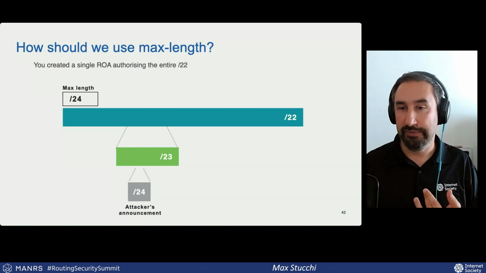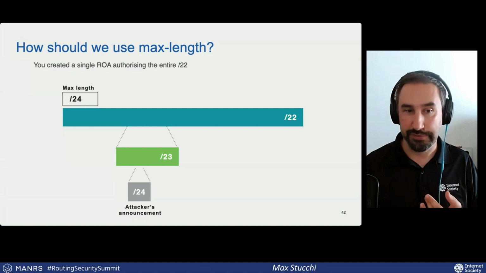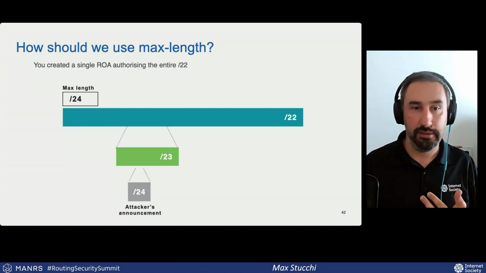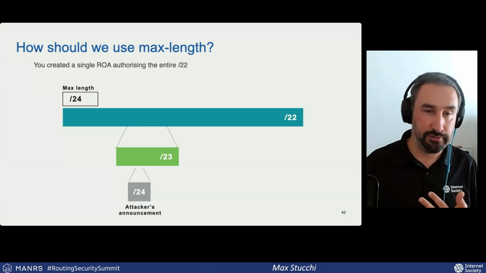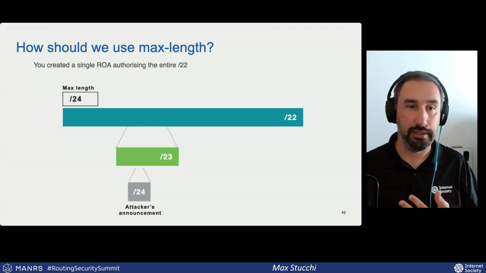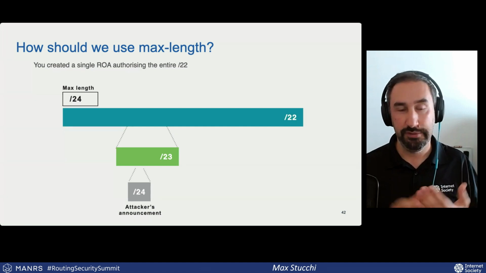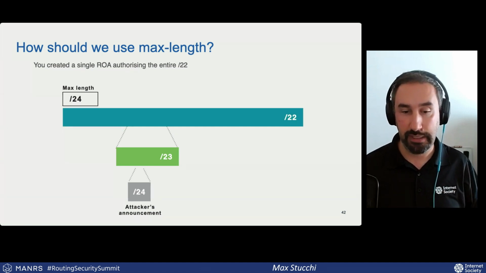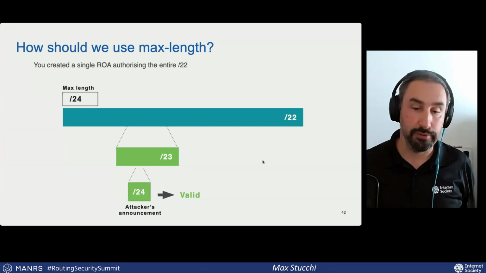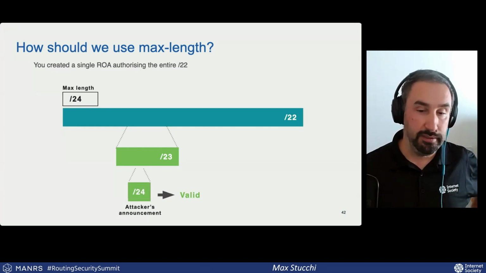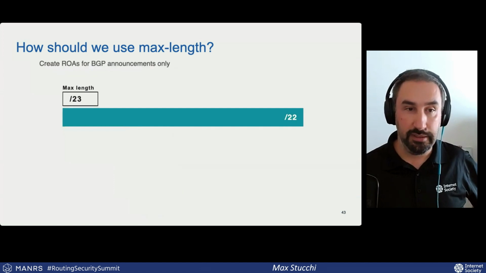Now, the origin would be fine because the AS matches. The ROA says that that origin ASN is allowed to announce up to /24, so that matches. So everything is fine. In reality, the BGP announcement would be perfectly valid. So how can I avoid this?